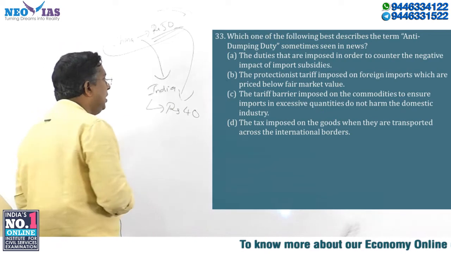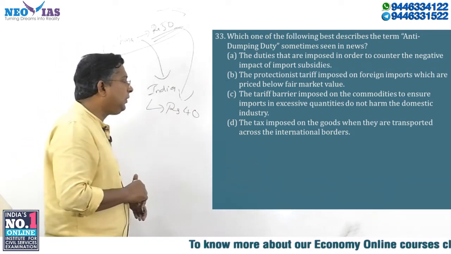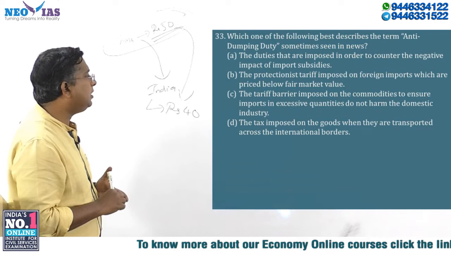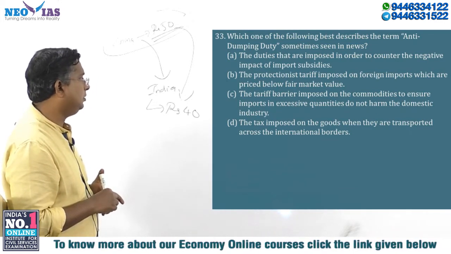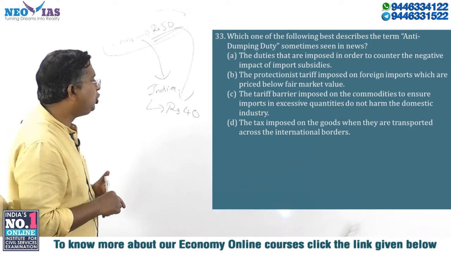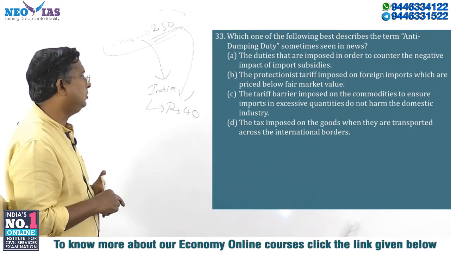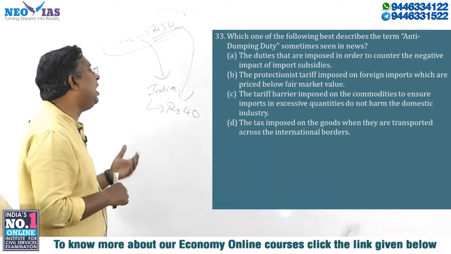Now we'll see what is C. The tariff barrier imposed on the commodities to ensure imports in excessive quantities do not harm the domestic industry.